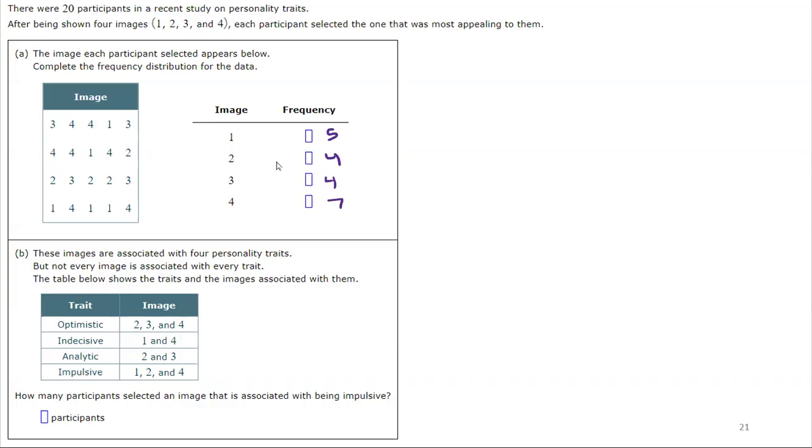So we just count how many times those showed up. For number one, it was 5, number two was 4, and for number 4, it was 7. So you just add those up and you'll get 16. So you'll have 5 plus 4 plus 7, which is equal to 16.